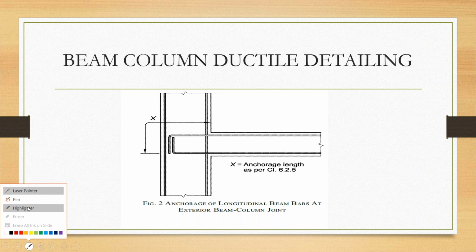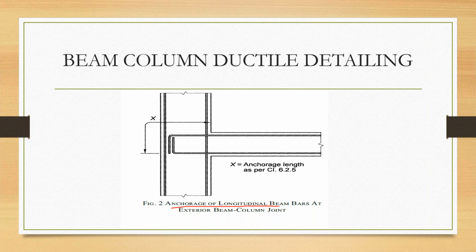Here you don't have to worry about the anchorage or the longitudinal beam bars. You have to keep this in mind: it is going downwards and this is going upwards. That is one rule for making the detailing of the beam-column section in your AutoCAD file.